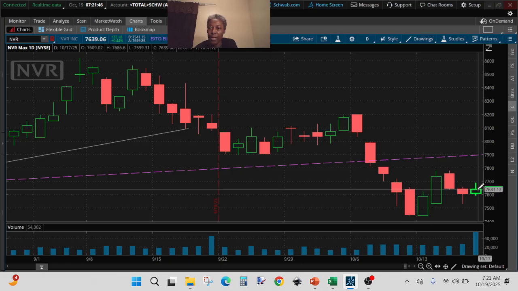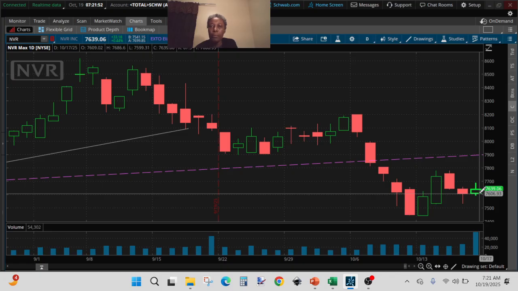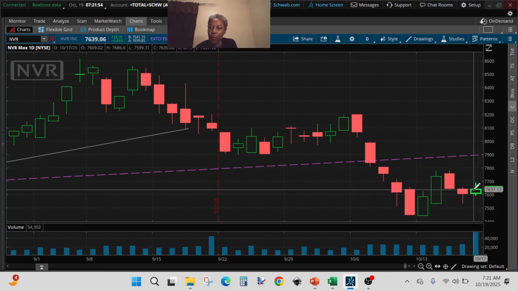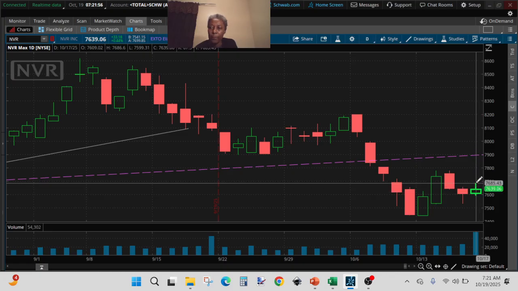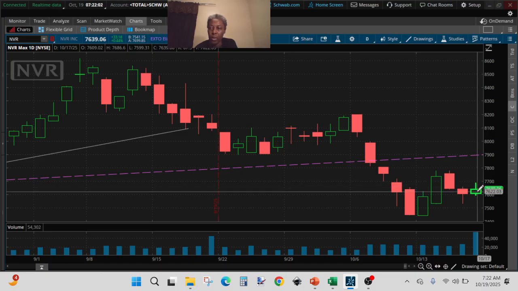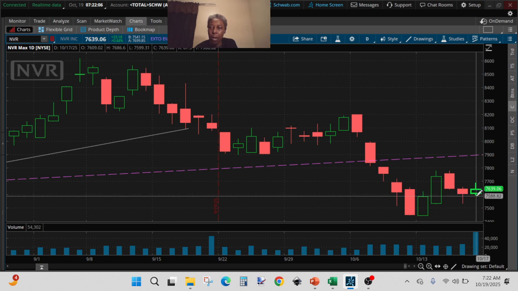So the price at the end of the day was higher than the price in the morning when the market opened. But during the day, the price went all the way to this high level before it fell back to where it closed, and it went down all the way to that area before it went back.